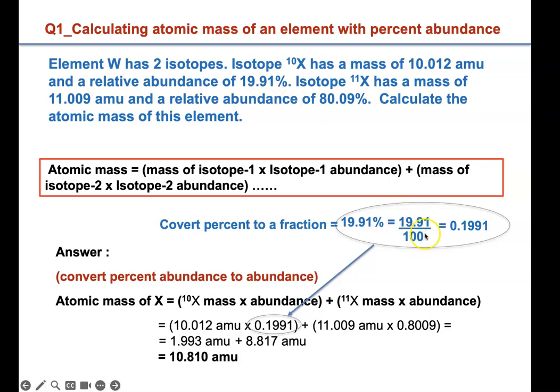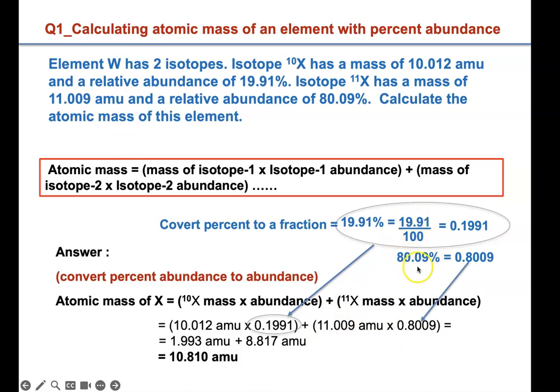When you divide it by 100, you get this value, and that's what you plug in. So you're going to write X10 mass times abundance, here's its mass in AMU from over here, times 0.1991 plus X11 mass, which is 11.009, here it is, times its percent abundance.